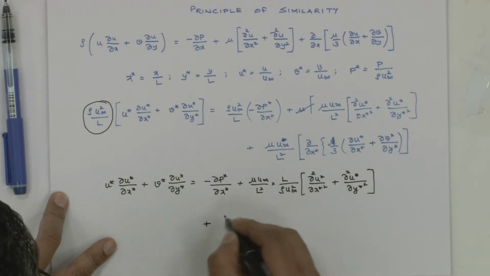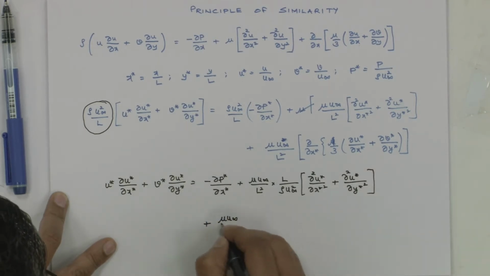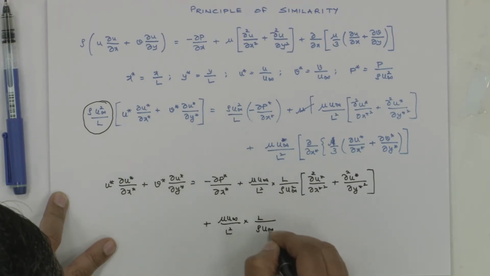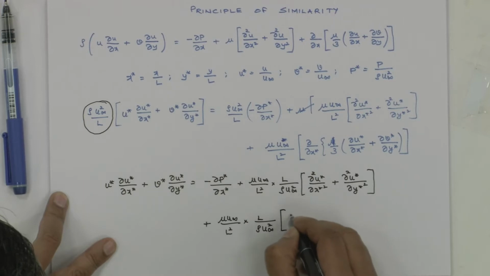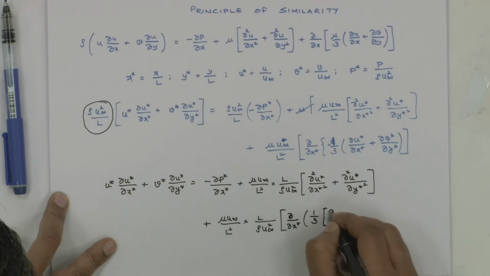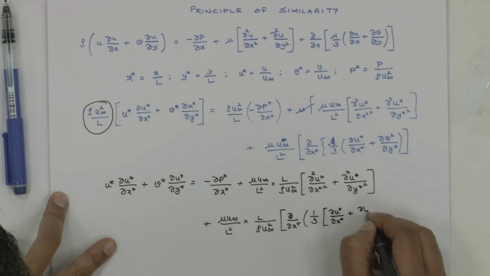Similarly, plus mu u infinity upon L squared into L upon rho u infinity squared into del by del x star of 1 by 3 of del u star upon del x star plus del v star upon del y star.